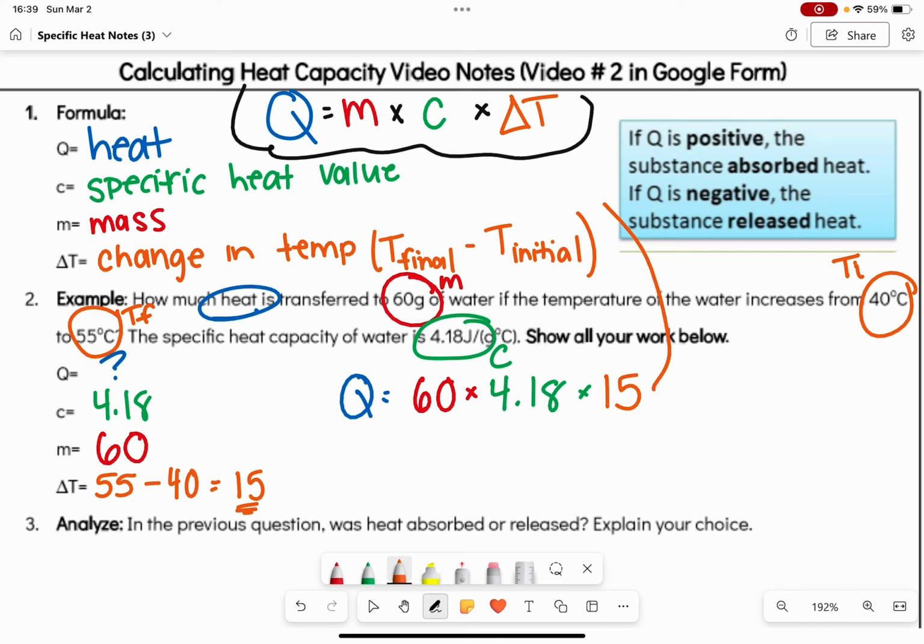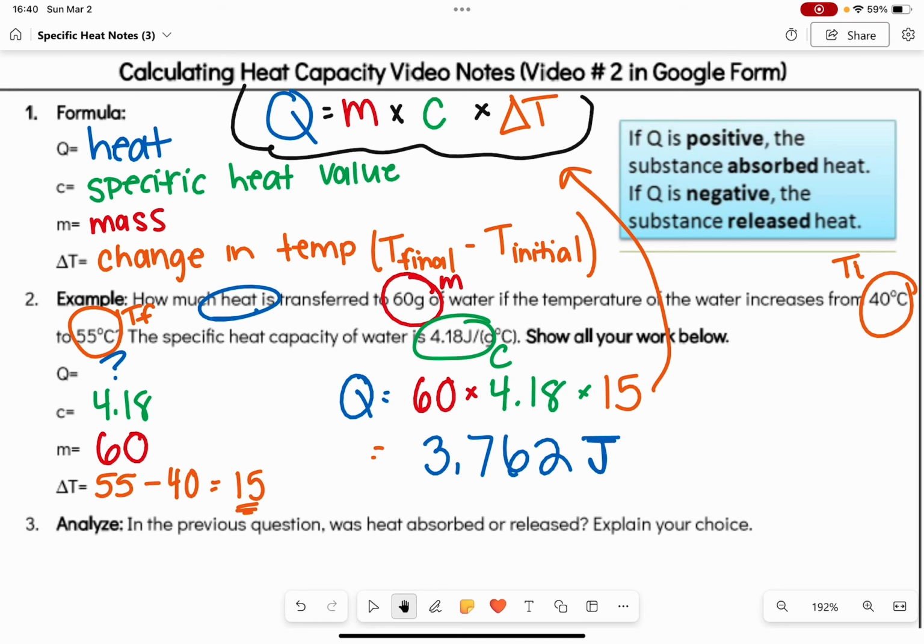And again, I just plugged those numbers into the equation up at the top. So 60 times 4.18 times 15 is going to give us 3,762. And the units for this is going to be J for joules.